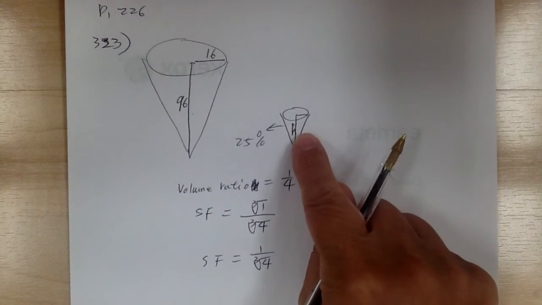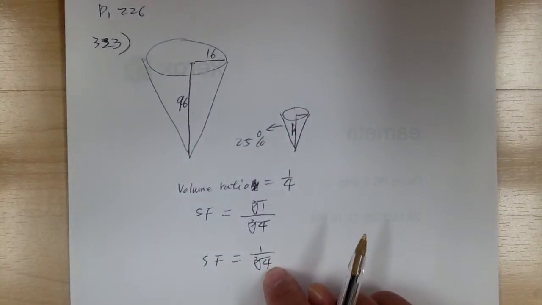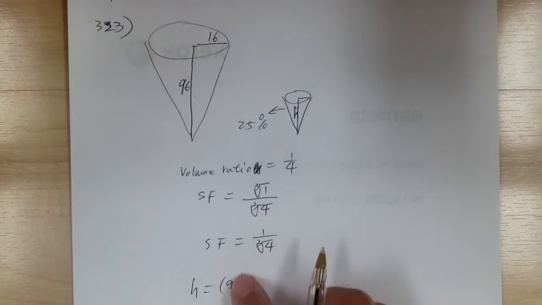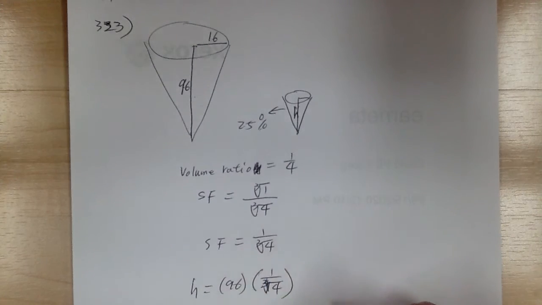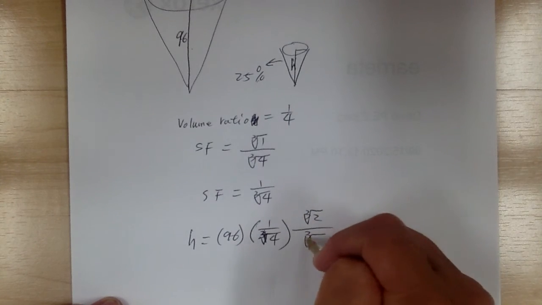Therefore the height will have the scale factor of that. So the height will equal 96 times the scale factor. Now to simplify this, we need to multiply by cube root of 2.